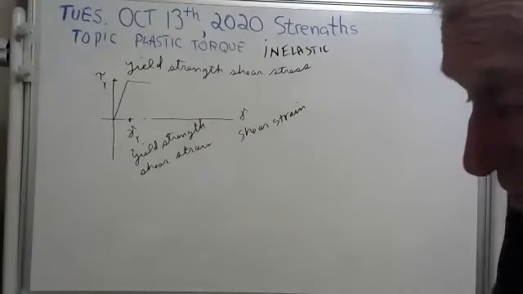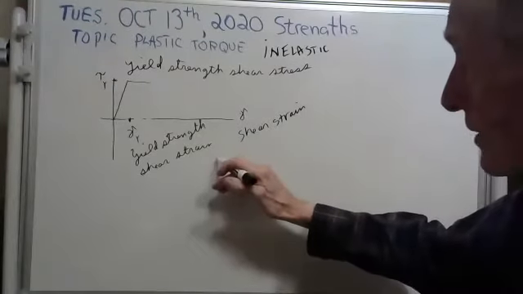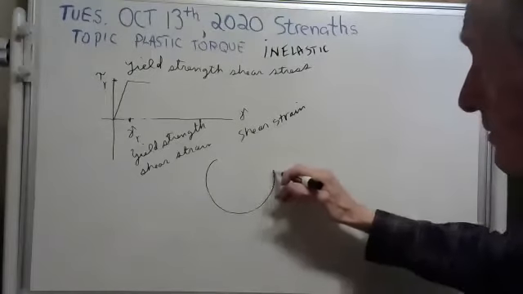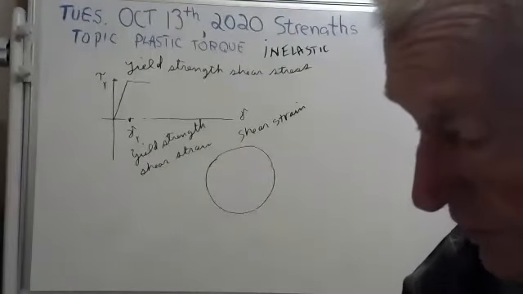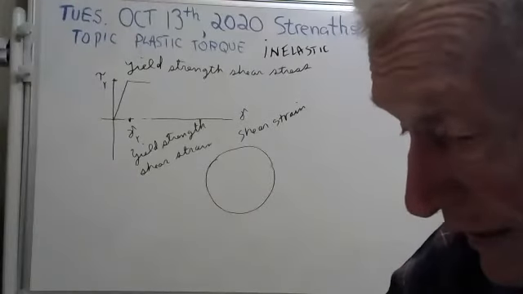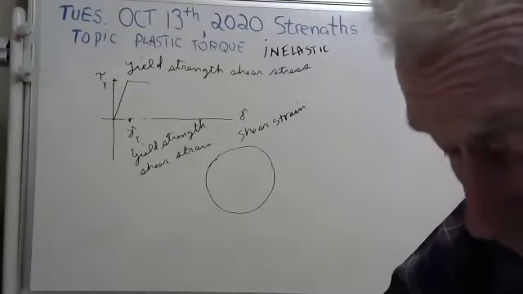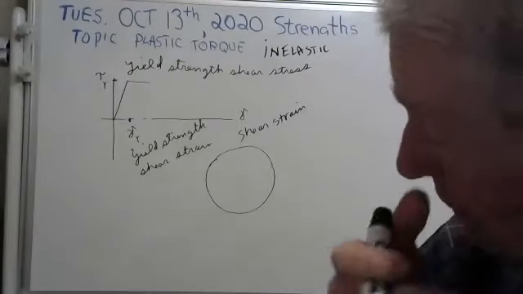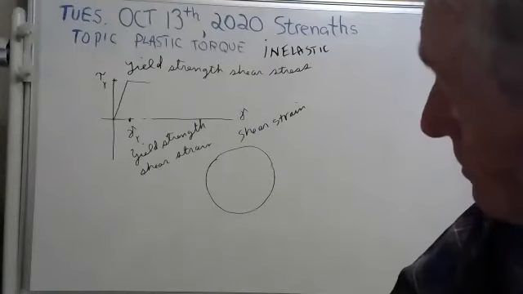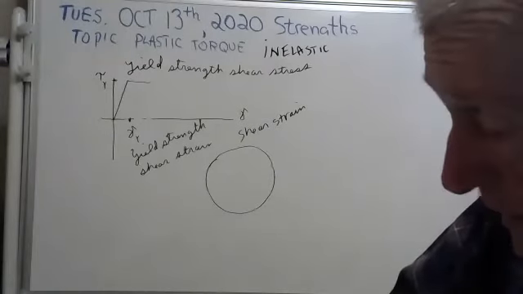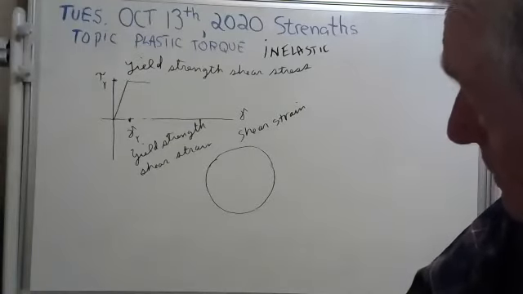Now when you take a round rod, I'll draw you a picture here. Take a round rod, there you go. And you put it under a lot of external torsion. If you increase that torsion, the torque increases inside your piece. That means the stress increases and the strain increases.